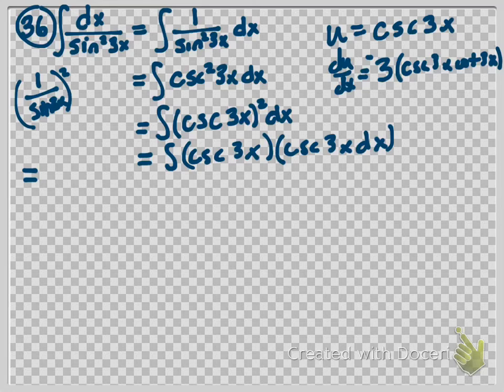Okay. So what are we not thinking about? Cosecant? Yeah, u would be 3x because cosecant squared is one of the rules on the sheet.